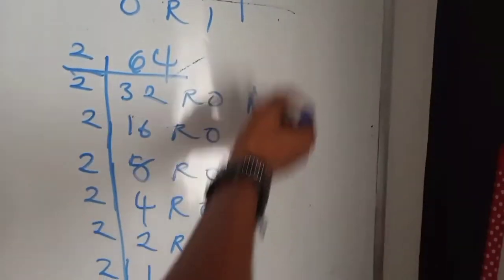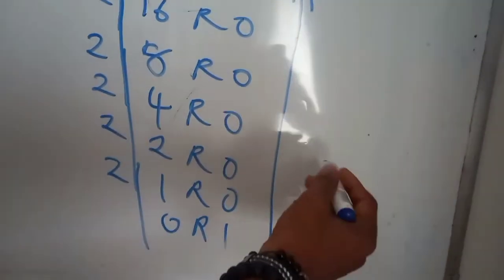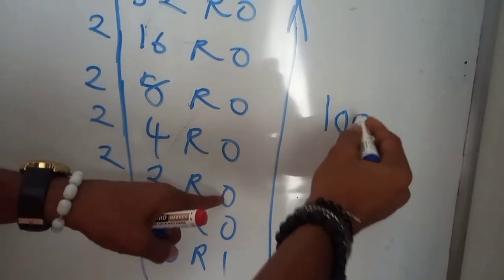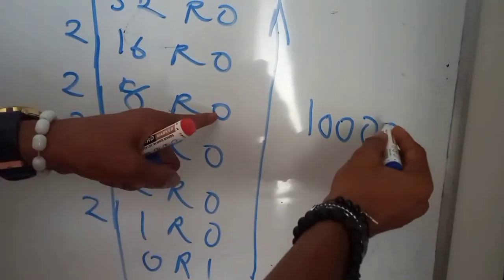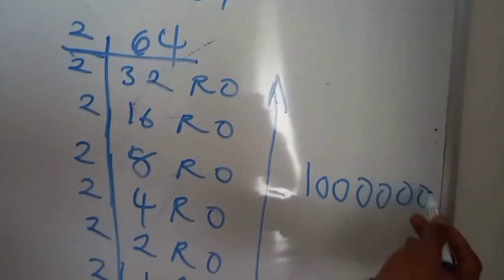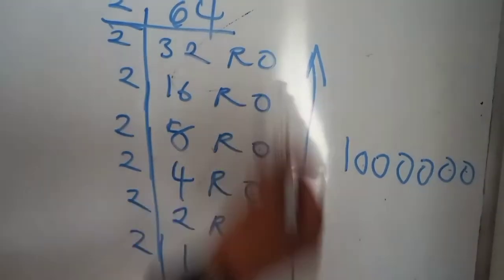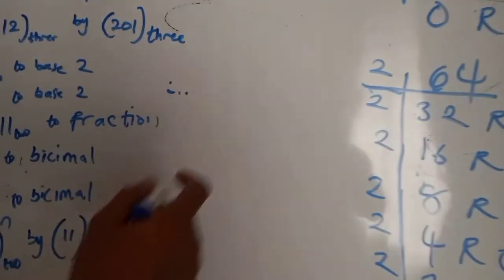Bring down our 1. I believe all these things are what they have taught in class. I'm just trying to solve these exercises here, but I believe you can understand it better also. So we have 1 0 0 0 0 0 0. Am I correct? 1 2 3 4 5 6. So good. Therefore, my conversion is what?